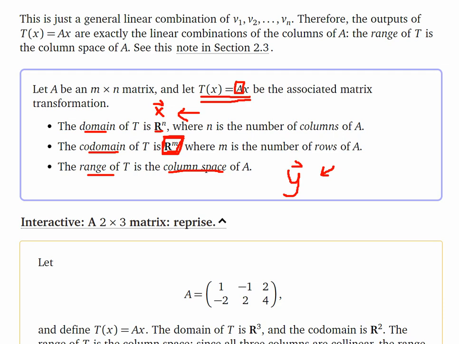And if I can find a preimage for y, then it's in the column space. It's in the range, right? But not every vector y that lives in Rm is in the column space. As you know, sometimes the column space is all of Rm and sometimes it's not. That depends on how many pivots we have in our associated matrix.